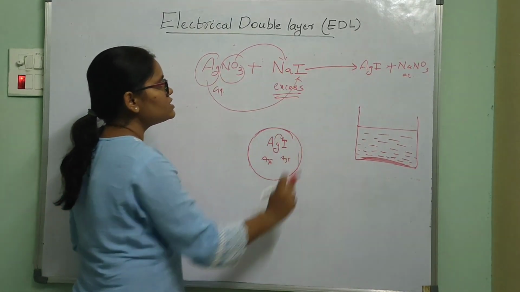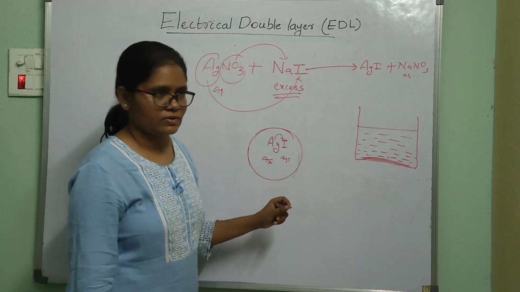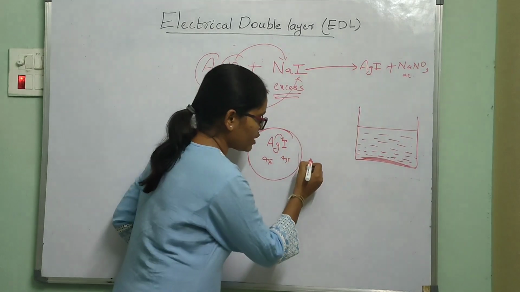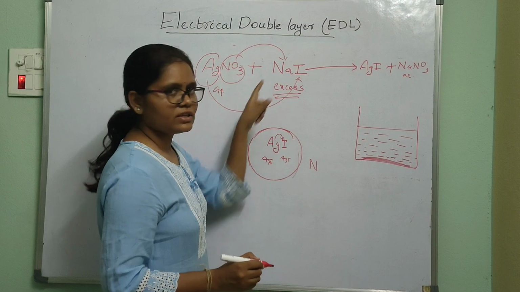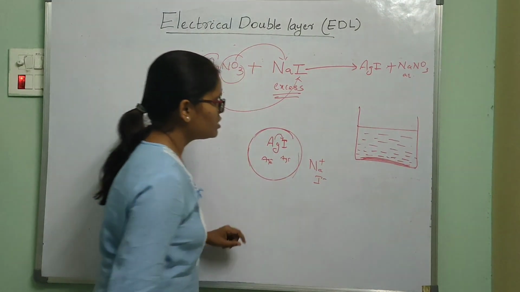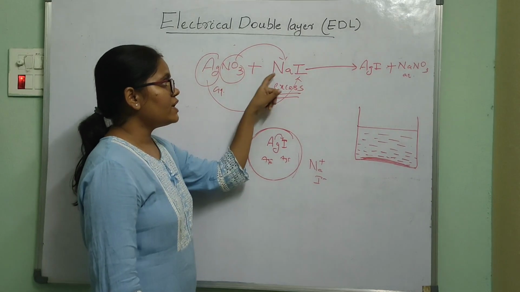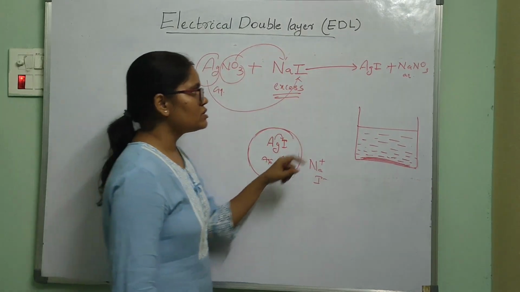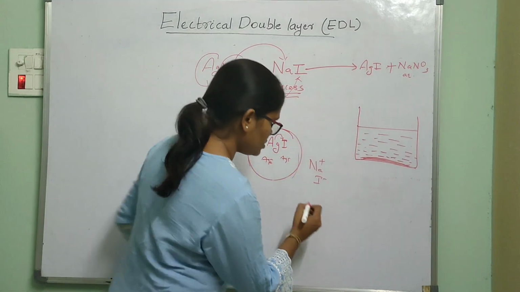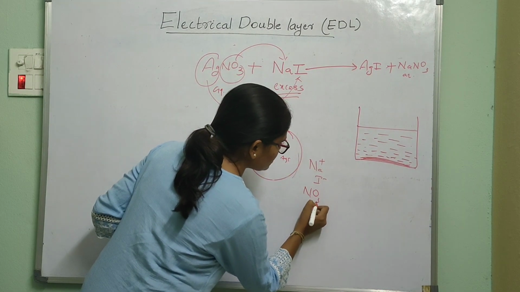But we know that NaI is a strong electrolyte. When it is present in aqueous solution, it will dissociate into ions. So this is ionic in nature, right? It will dissociate into Na+ and I-. So in the solution we have Na+ and I- ions. We also have Na+ and NO3- ions, nitrate ions.